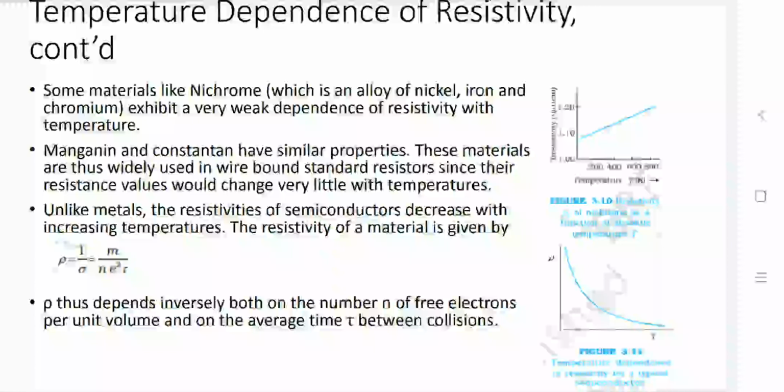So that equation, as we have derived earlier, is m upon n square tau. By observing this equation, we can say that resistivity depends inversely on the number of electrons per unit volume and the average collision time.